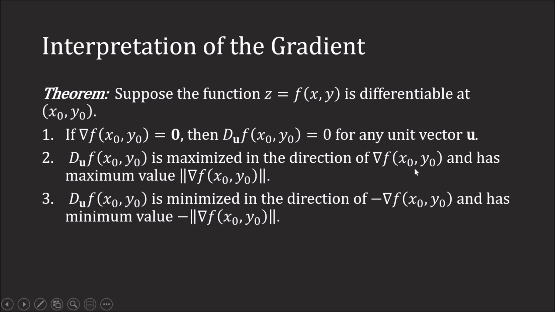And the value of that maximum rate of change is the magnitude of the gradient. The direction of minimum rate of change is negative gradient. And it has a minimum value of the negative magnitude.